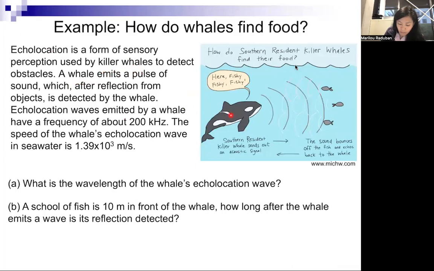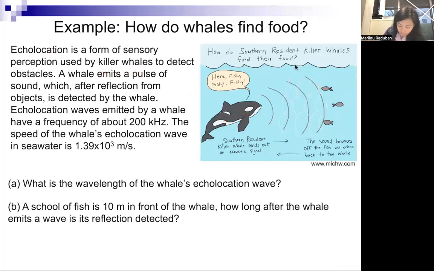Here you have a whale that emits a pulse of sound, which reflects from an object, and the reflection is detected by the whale. And from there, it is able to know how far the obstacle or the object is.